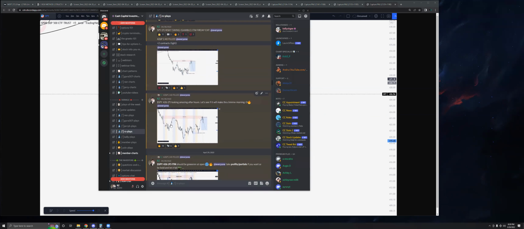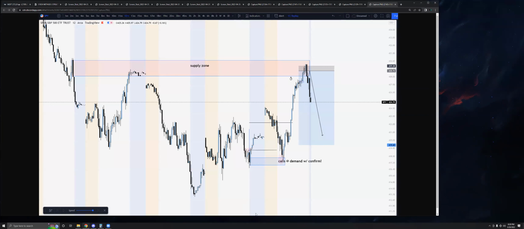So let's look at the updates. Look at the after hours. This is the after hours. Look at this. That's a big drop. You see how they just sold off? They sold off a lot. And they're going to target all the liquidity here.